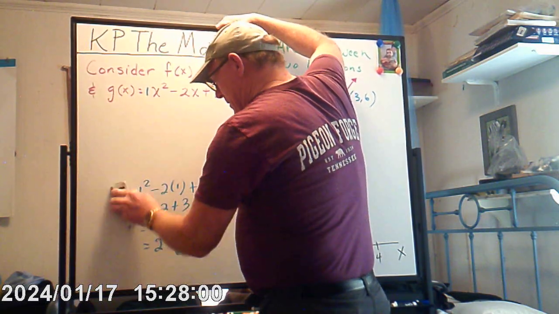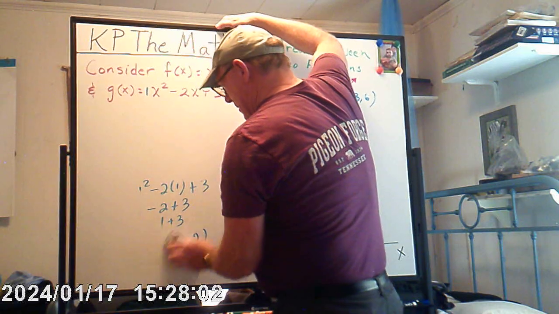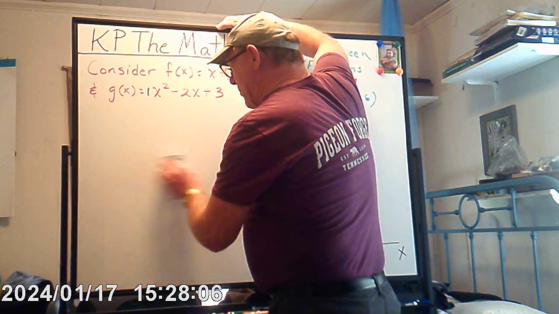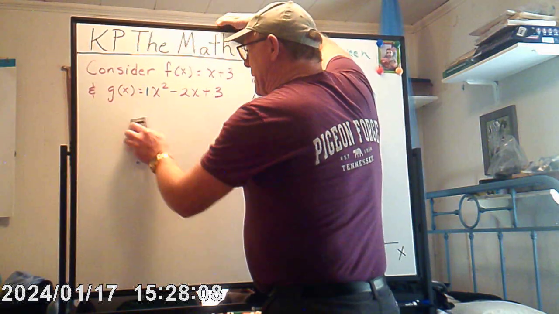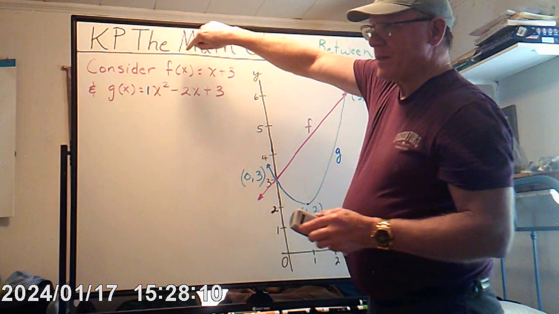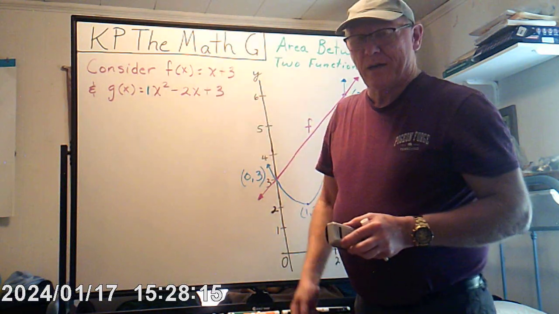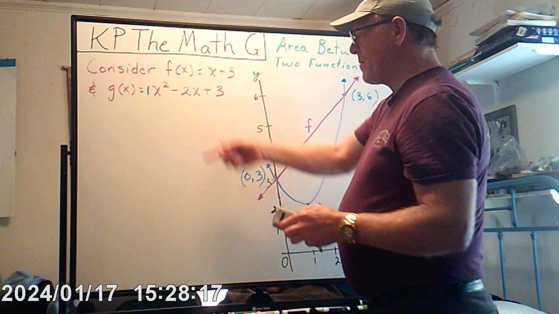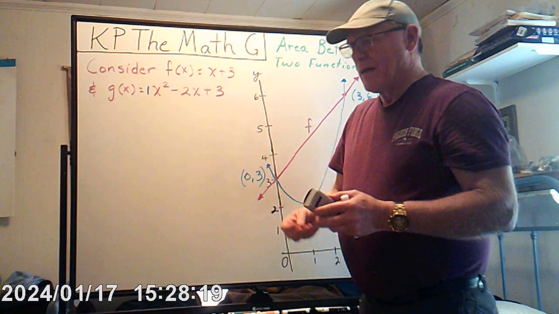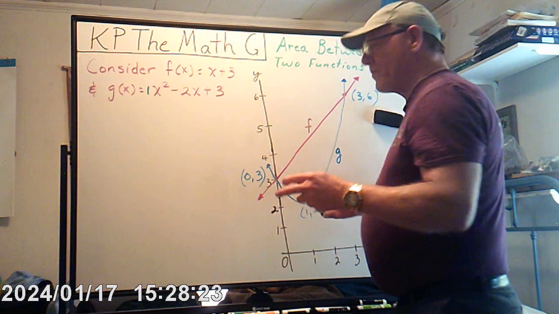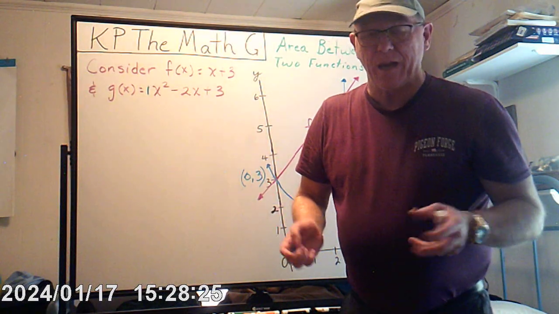Alright, points of intersection. Again, you can put y1 in your calculator, y2 in your calculator, or reverse that, either way, and you can find points of intersection that way. And right now I'm not going to take that time to show you, but if you want a video on that, I will definitely do that for you.